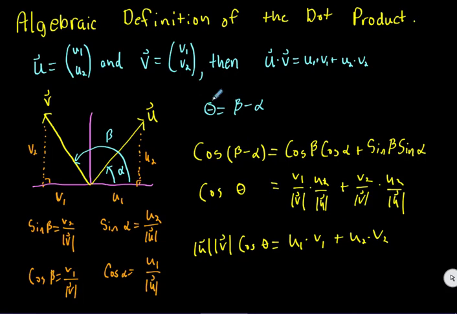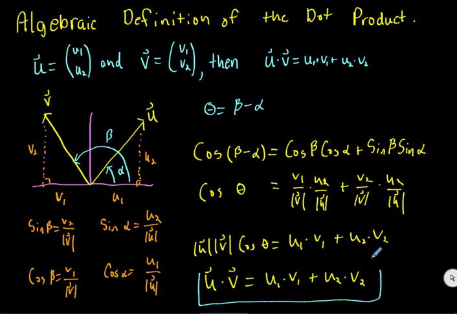And I'm almost done here, but this left side is the geometric form of the dot product. We know this to be u dot v from our past video. And that is equal to u sub 1 times v sub 1 plus u sub 2 times v sub 2. And there you go. This is the algebraic definition of the dot product.